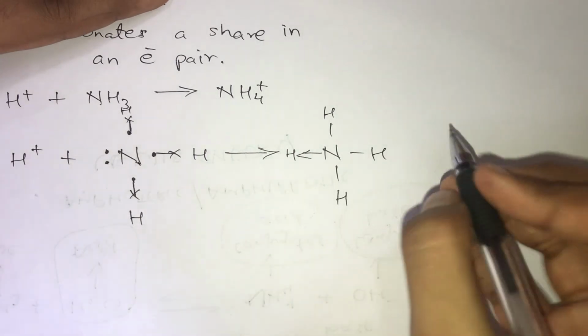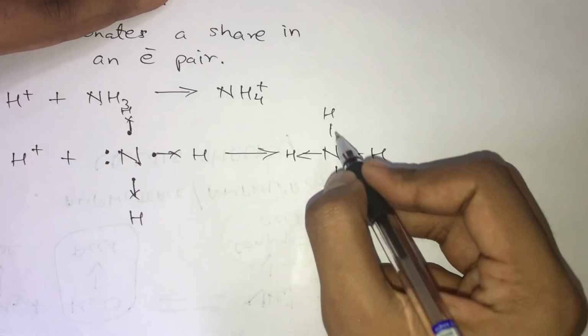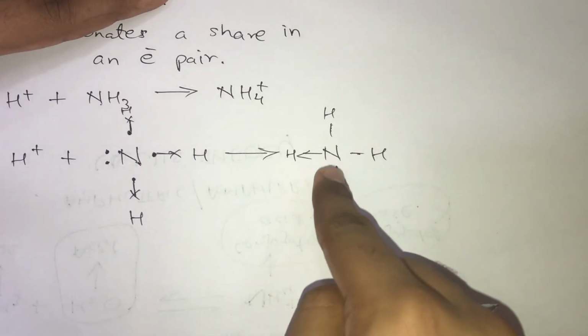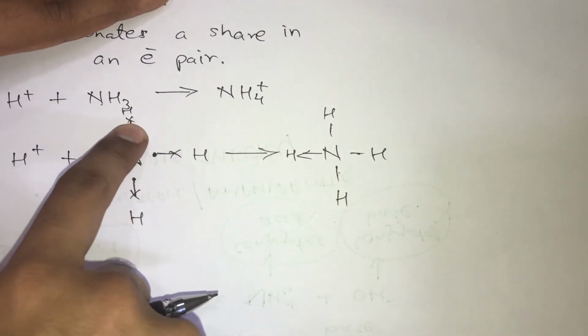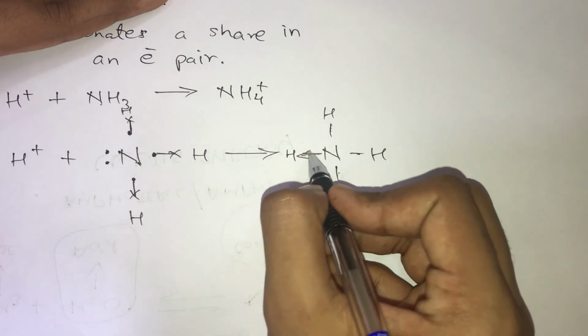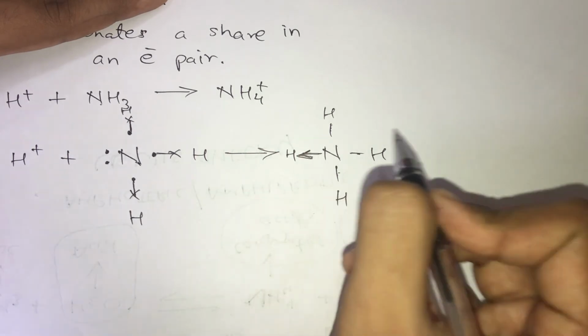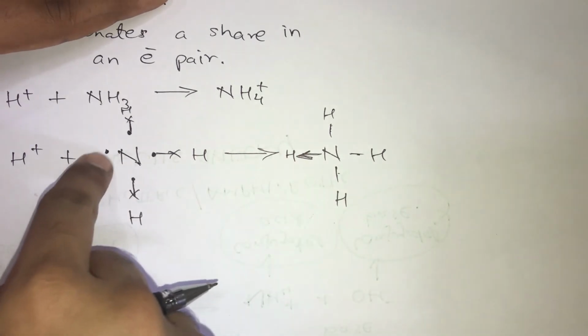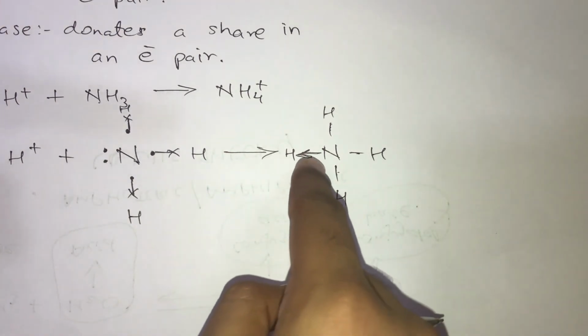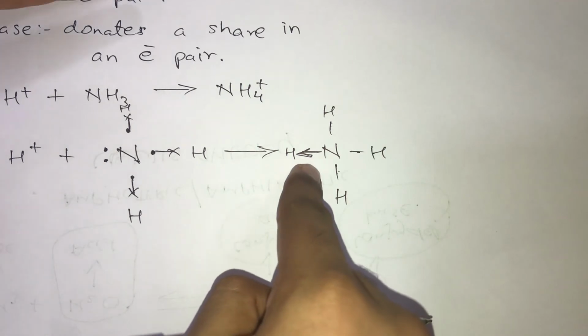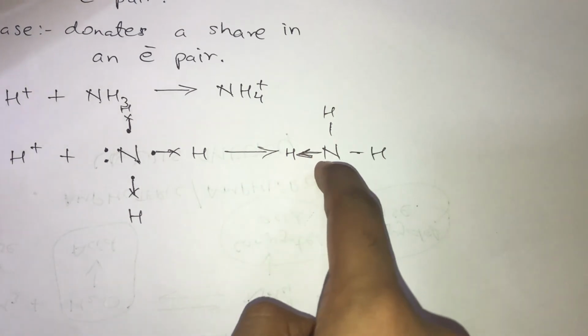Now as you can see, in each of these bonds, one electron is being shared by nitrogen and one electron is being shared by hydrogen. But only in the case of this bond, which is nothing but a coordinate bond, both the electrons required for forming a covalent bond are being shared by nitrogen only.